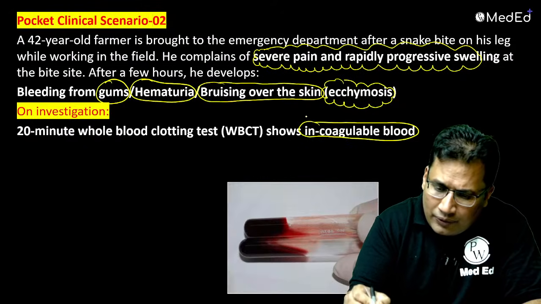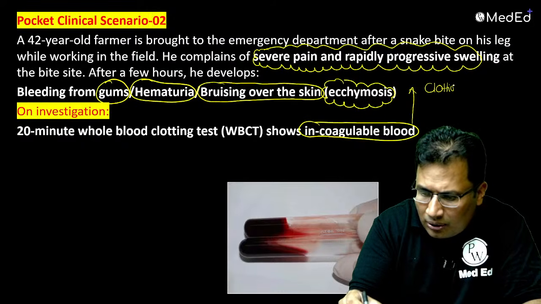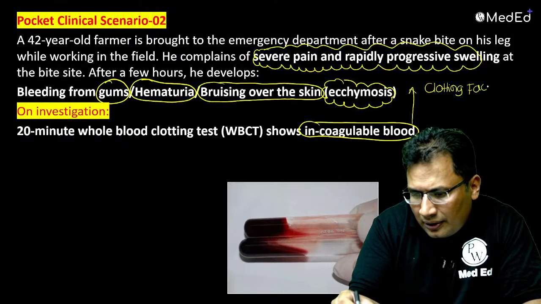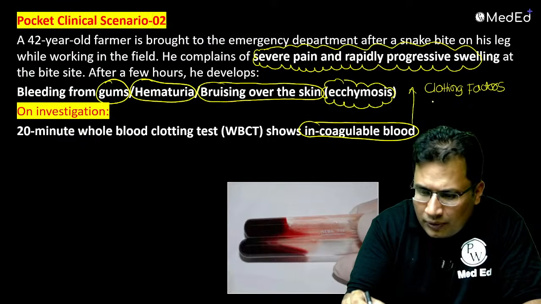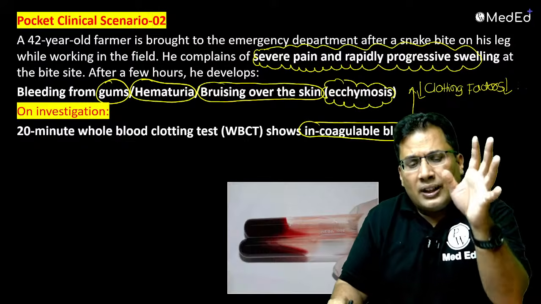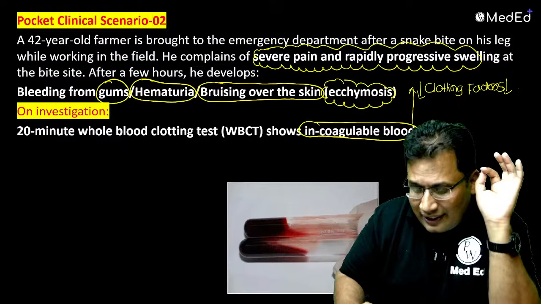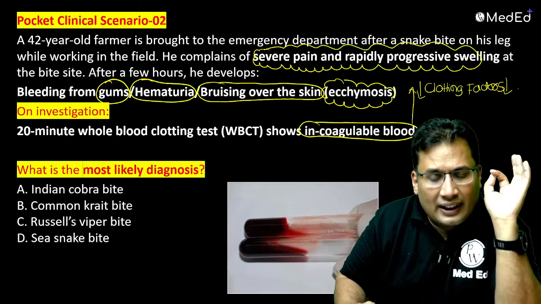That means there are fewer clotting factors. Clotting factors are totally used up, so there is a deficiency of clotting factors. Because of that, there is bleeding, hematuria, easy bruising. So this goes in favor of, what is the most likely diagnosis?